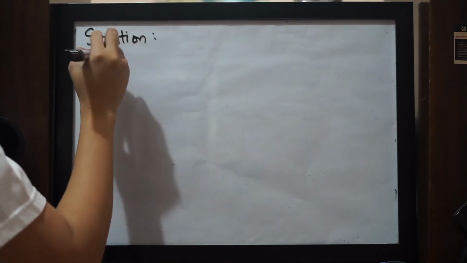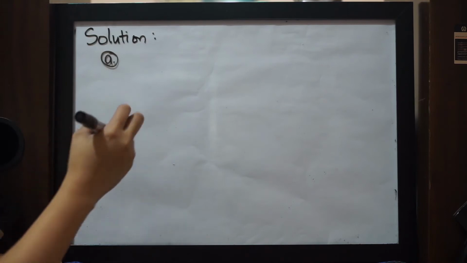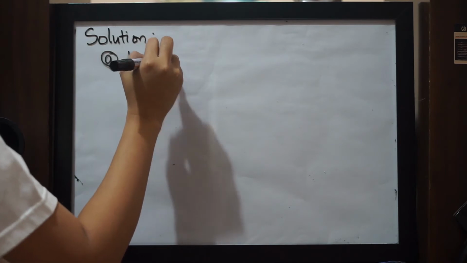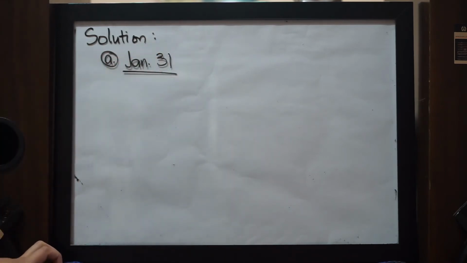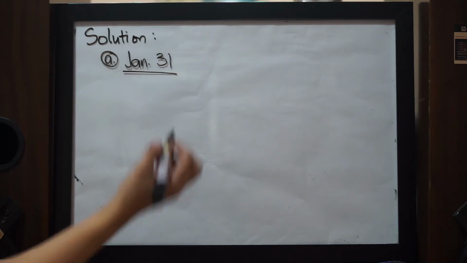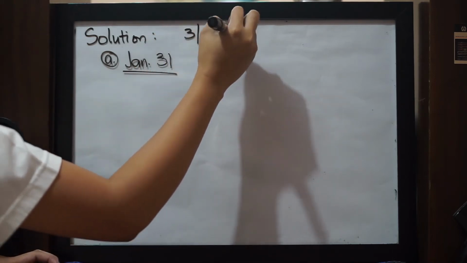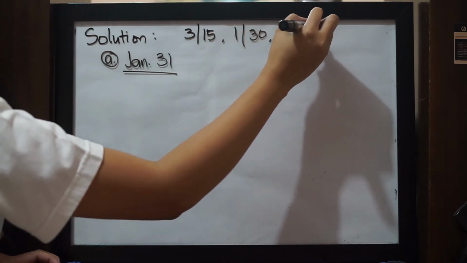For letter A, we have to get the amount payable if it is paid on January 31. So, we have to identify first what discount rate we are going to use if we pay on January 31. Going back, we have terms of 3/15, 1/30, and 60.